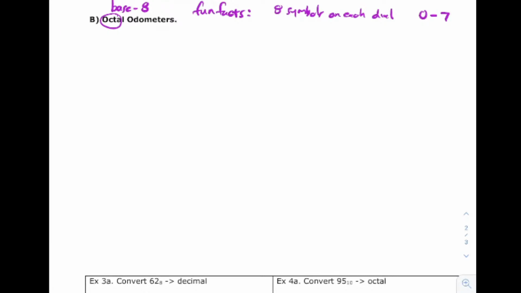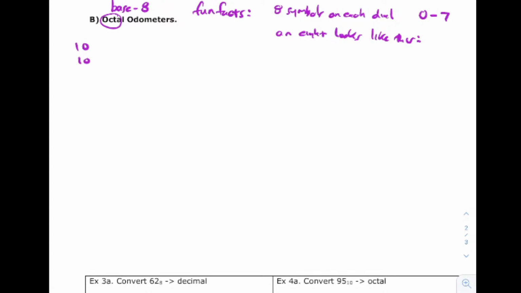Well, remember, base 10 uses 0 through 9, and base 2 uses 0 through 1, so base 8 uses 0 through 7. Okay, so it's always like a little bit one less or whatever. So there's going to be 7 faces. What else? Base 10, that's a 10.